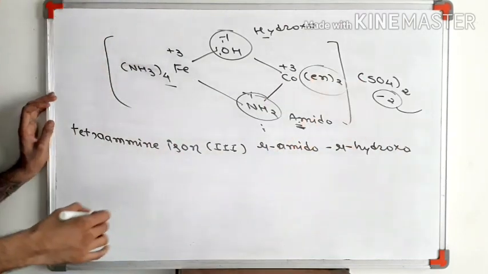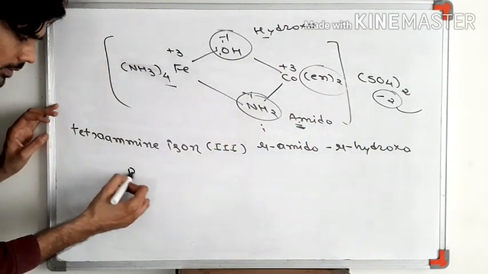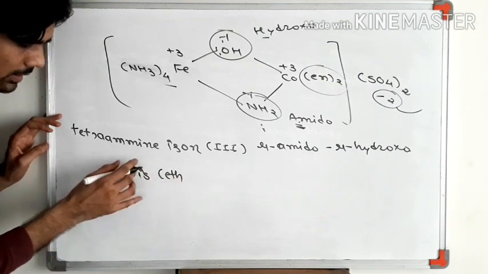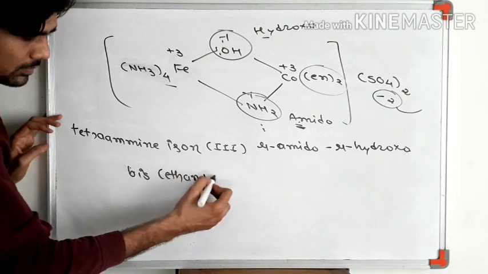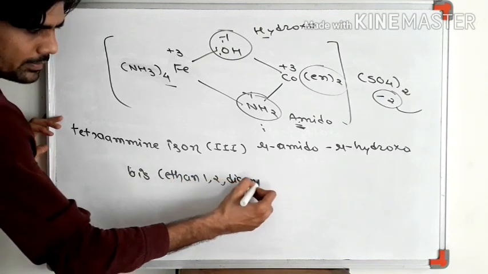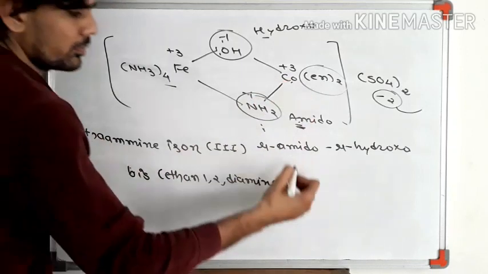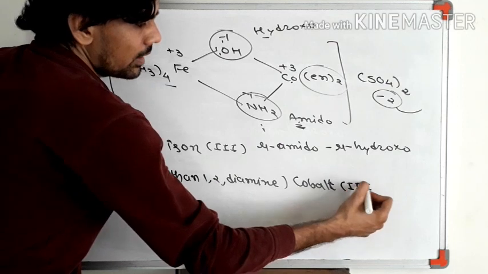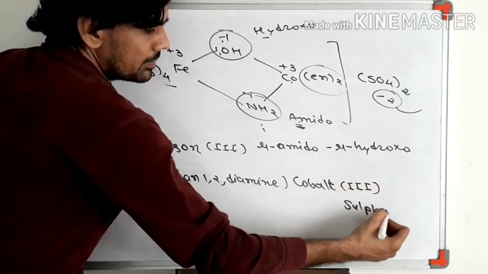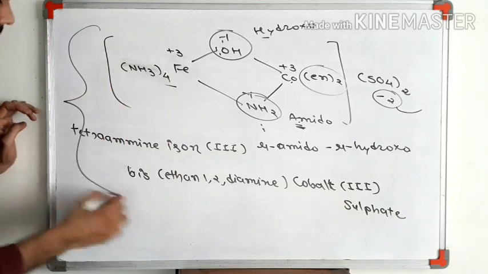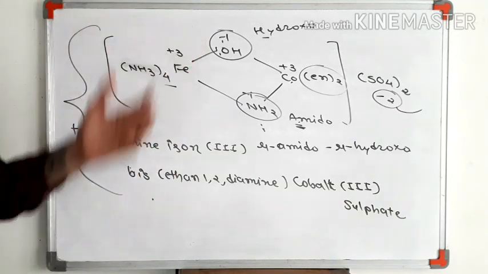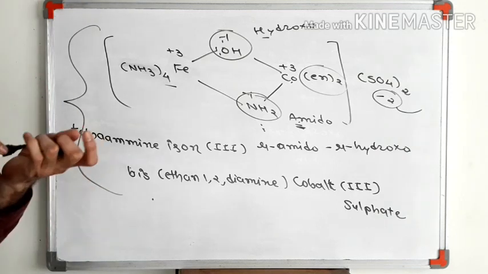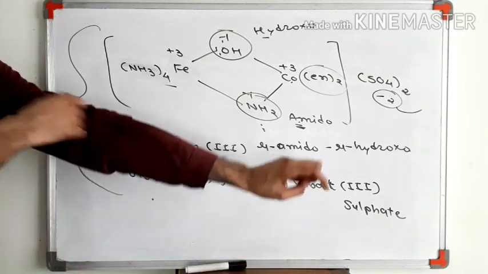Now it is an organic ligand, two times means bis, ethane-1,2-diamine, cobalt(III) sulfate. Clear? These are the basic rules for IUPAC nomenclature of coordination compounds. You have to follow all the rules.